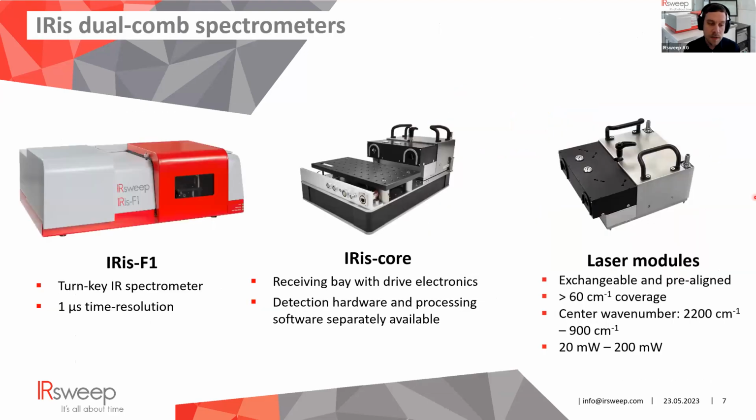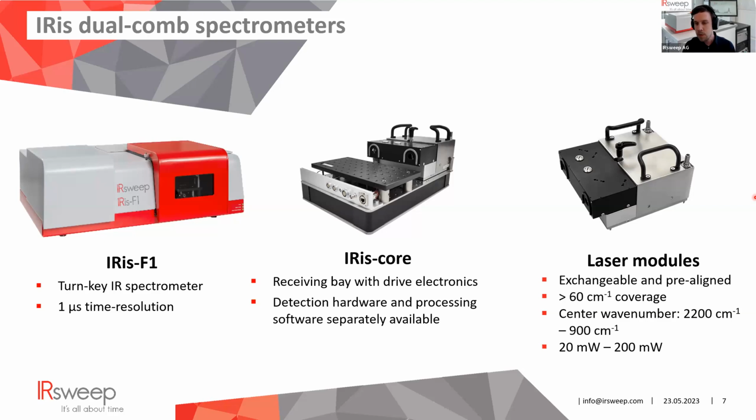These instruments are the Iris F1. On the one hand, this is our flagship spectrometer, the first turnkey dual comb spectrometer in the world with a 1 microsecond time resolution. In this work, we use the Iris Core. This is a receiving bay for our exchangeable laser modules, also coming with drive electronics. Usually we ship this together with detection hardware and processing software that allows you to actually take dual comb spectra with this.